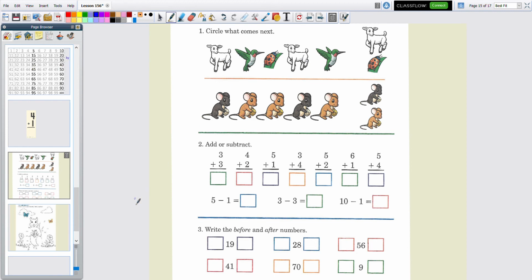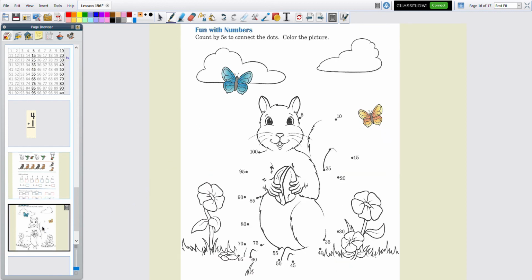I'm going to go to the back side. It's a fun with numbers page. And it says count by 5s to connect the dots. So we're going to count all the way to 100 starting at 5. Are you ready? We're going to go over here by his ear. Are you ready for that? 5. What comes after 5 when we're counting by 5s? 5, 10.